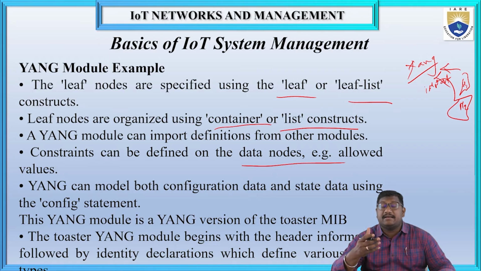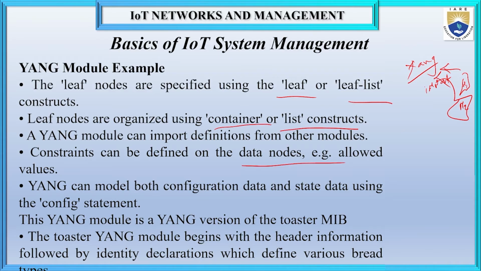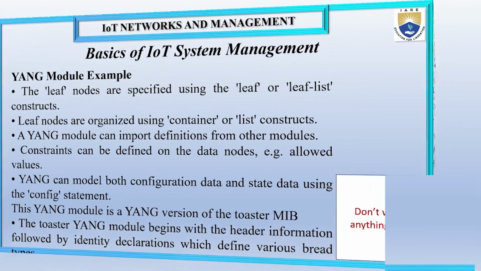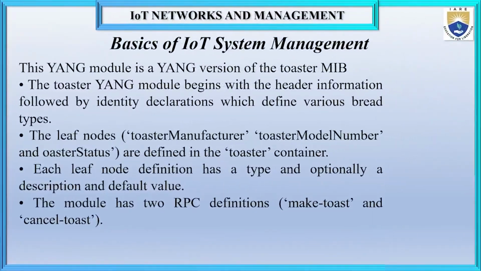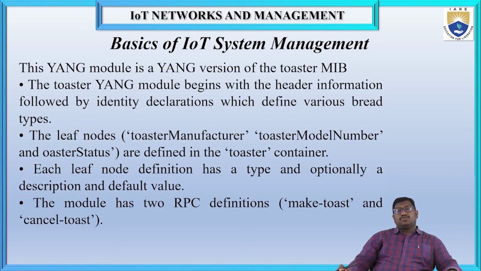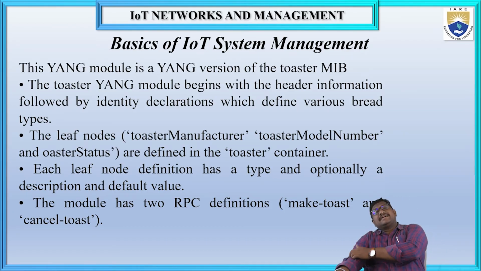This toaster YANG module is going to give you the header information, which is followed by the identity declarations on various things, such as the leaf nodes: toaster manufacturer, toaster model number, and toaster status, which are defined on the toaster container. These are called leaf nodes, which are defined on leaf exactly.